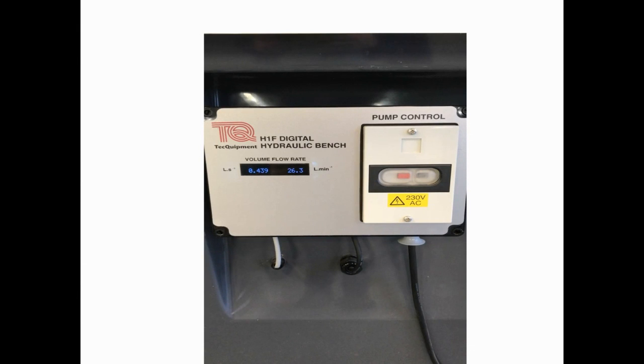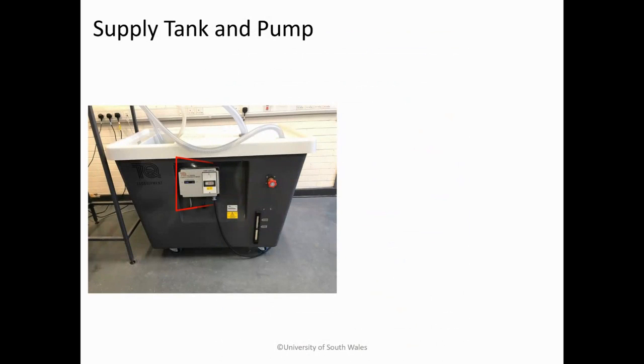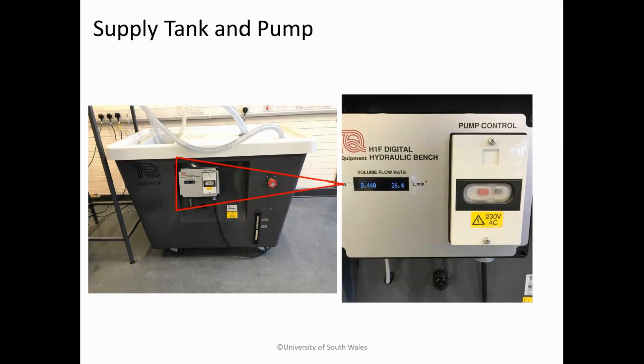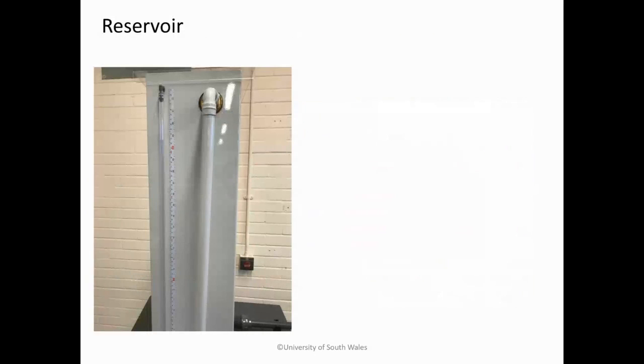We can control the system the same as we did with the valve, but it will give you the volume flow rate, so we don't have to record volume and time to determine that. There's the supply tank and pump, and you can see the recording for the discharge rates already on there. So you'll be recording those onto the system.